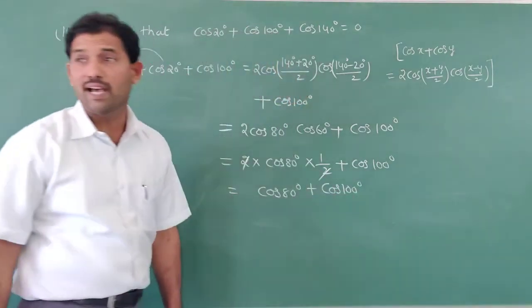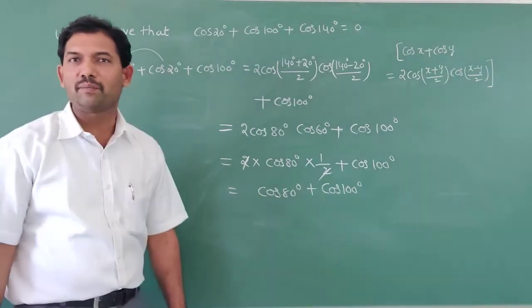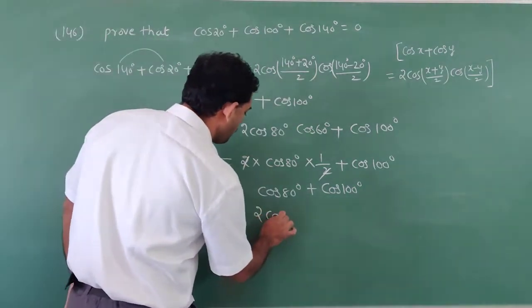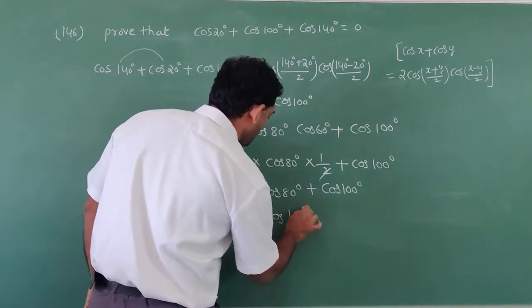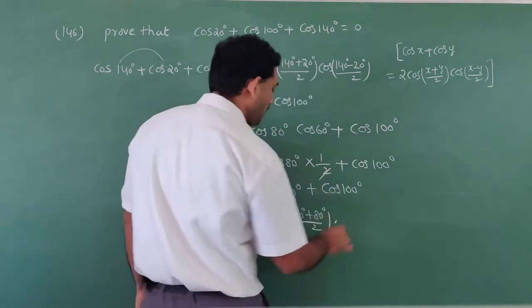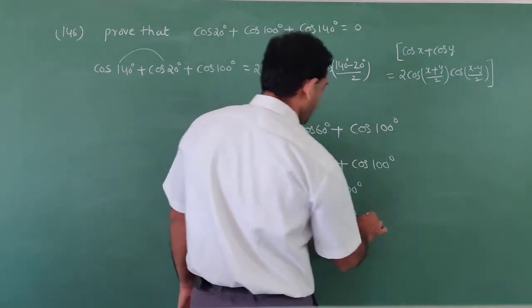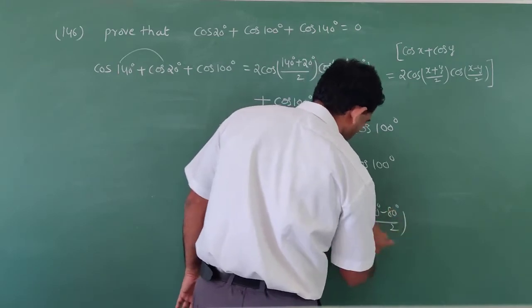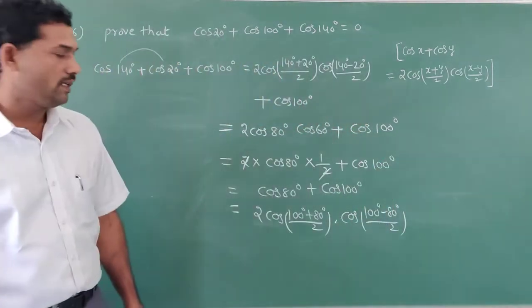Then apply the same formula. 2 cos, write first the bigger angle, 100 plus 80 divided by 2, cos of 100 degrees minus 80 degrees divided by 2. Now what happens?